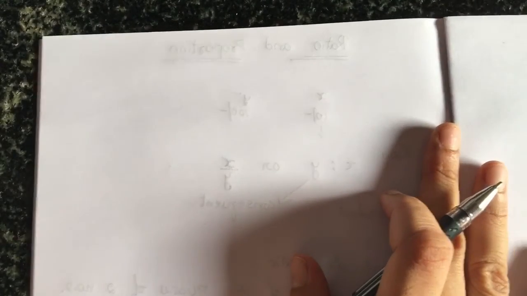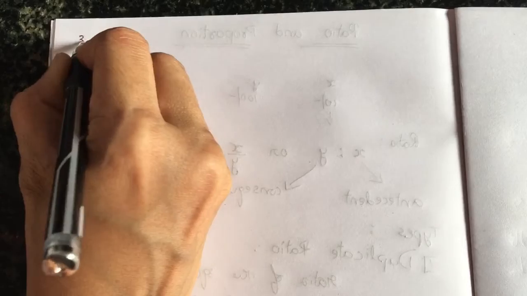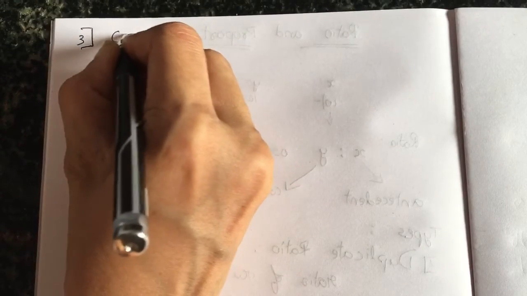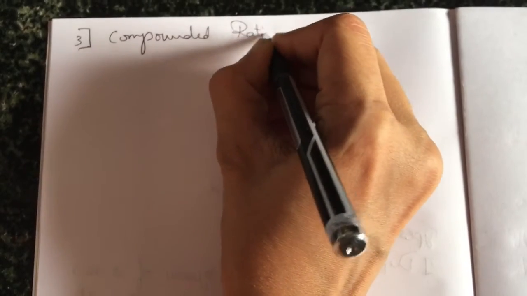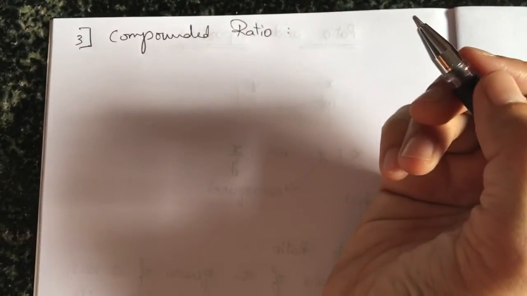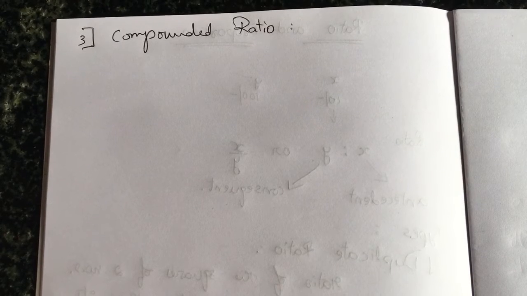Next type is compounded ratio. When two or more ratios are multiplied together, then we get compounded ratio.